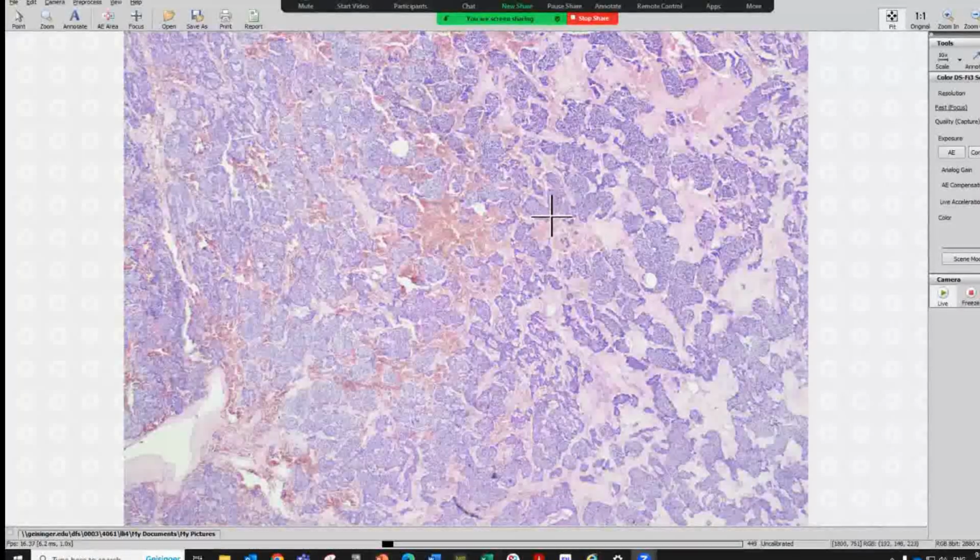This is a solid growth. We can see nests of cells, small round blue cells forming nests. The tumor is really bloody, with a lot of blood vessels and red blood cells. With this pattern, the first thing highly suspicious is a NET, neuroendocrine tumor.